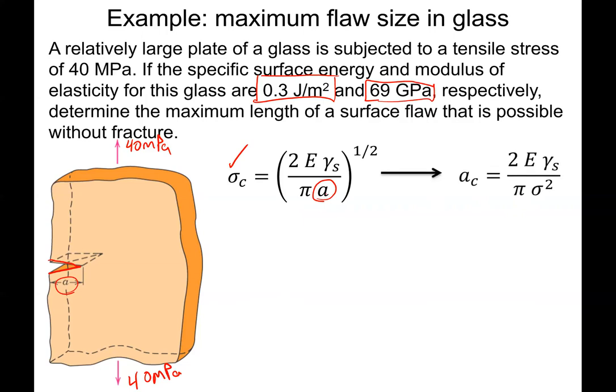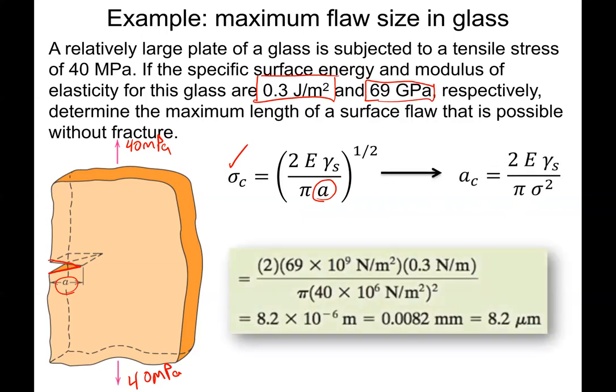Then for the critical crack length, we substitute our values and we get 8.2 microns. So any crack size that's greater than 8.2 microns would immediately fail in brittle fracture, and anything less than 8.2 would close or would not result in a brittle fracture. It'd be stable.